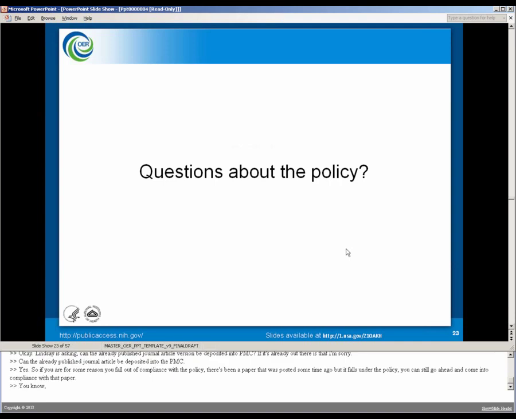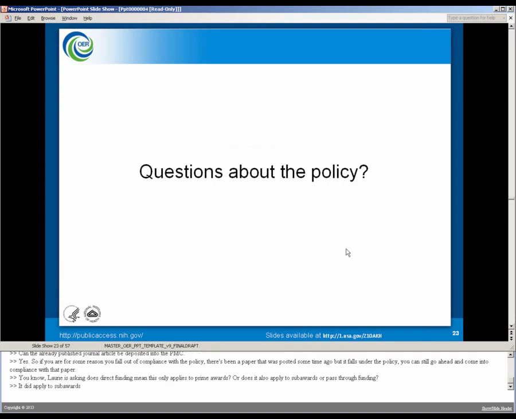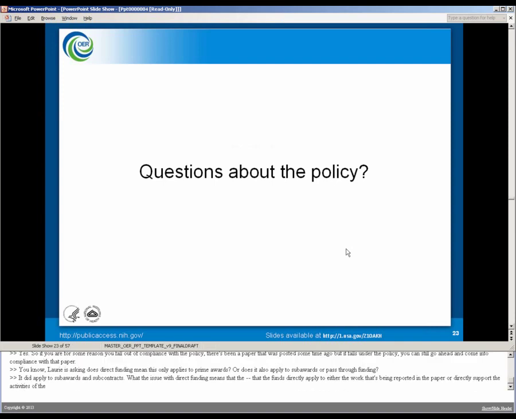Lori is asking, does direct funding mean this only applies to prime awards, or does it also apply to subawards or pass-through funding? It does apply to subawards and subcontracts. Direct funding means that the funds directly apply to either the work that's being reported in the paper or directly support the activities of the paper itself, so writing the paper, paying for any kind of publication costs, and so forth.